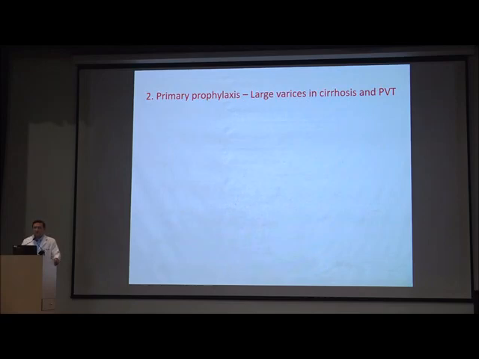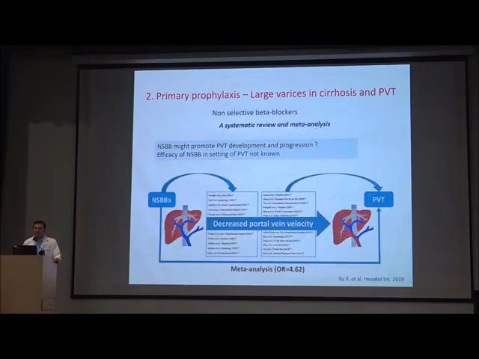Now, what should be the primary prophylaxis in the presence of PVT and large esophageal varices? A systematic review and meta-analysis of retrospective and prospective studies has shown that in patients with PVT, there is a 4-fold decrease in portal vein velocity with the use of beta blocker therapy, and beta blocker therapy might promote PVT development and progression.